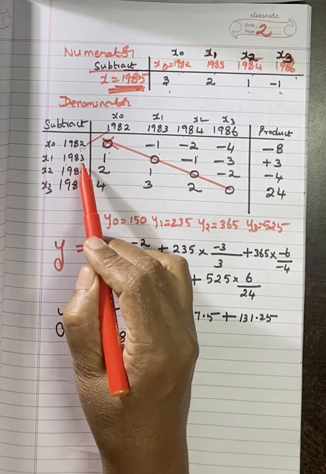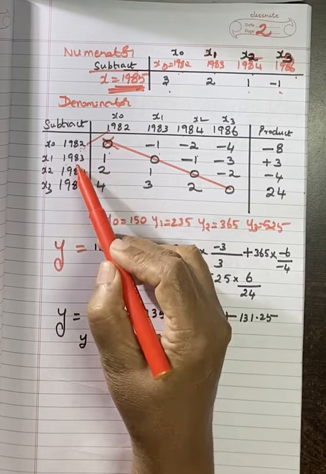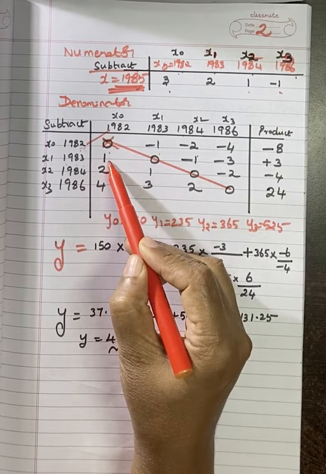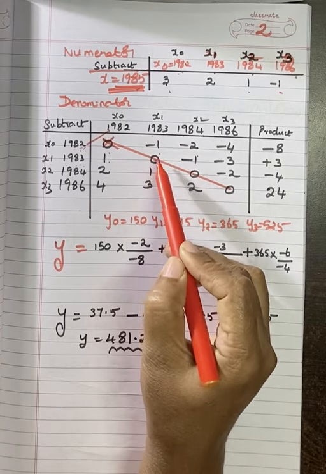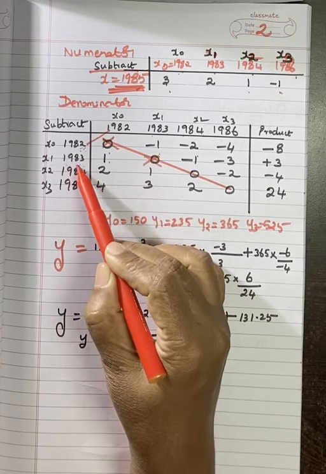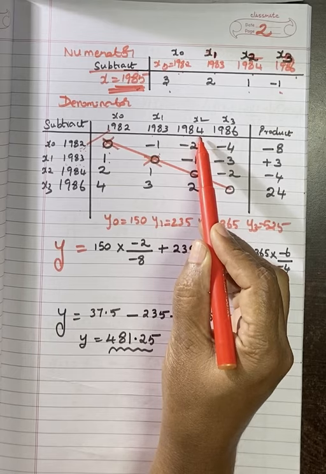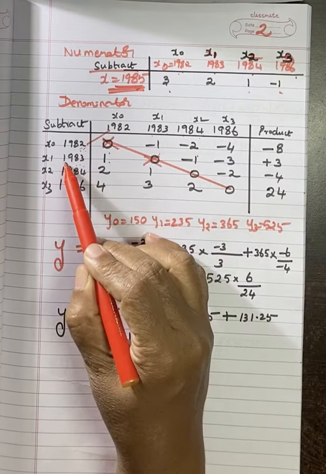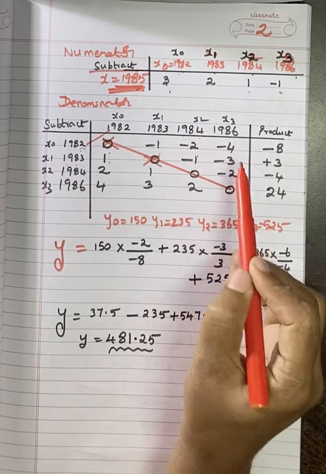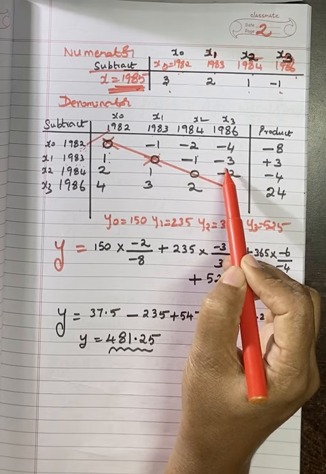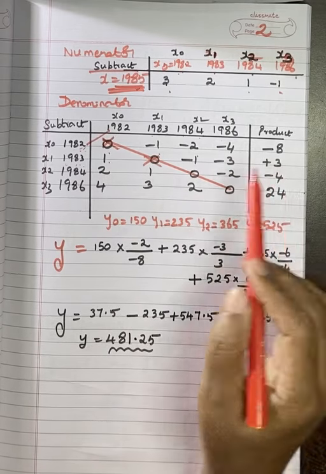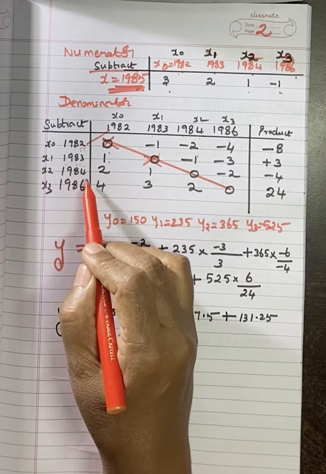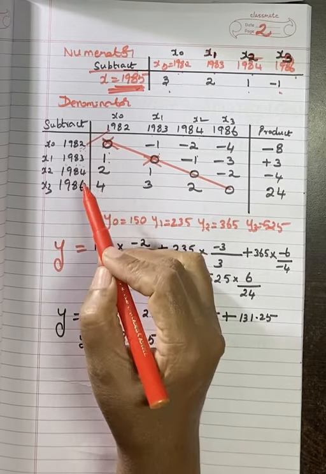X1, 1983. Subtract. 1983 minus 1982 is 1. 1983 minus 1983 is 0. Leave the 0. 1983 minus 1984 is minus 1. 1983 minus 1986 is minus 3. Multiply the answers, leaving the 0. Answer is plus 3. So X2, 1984. I subtract.